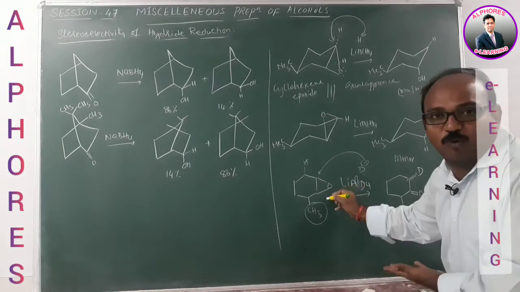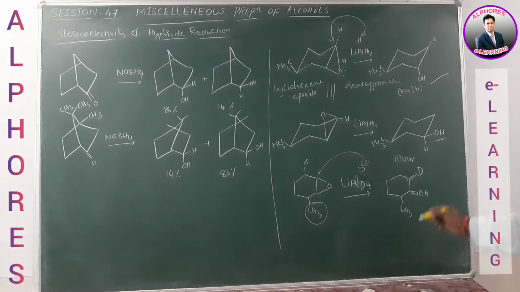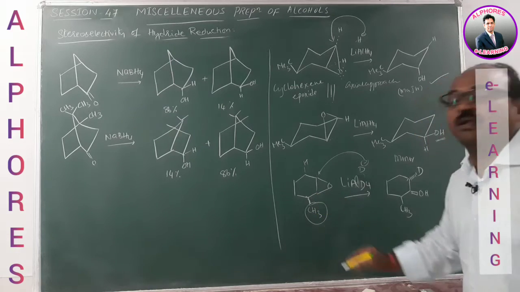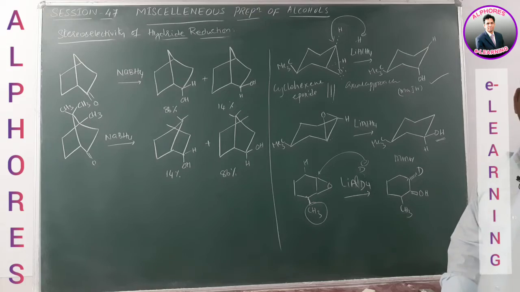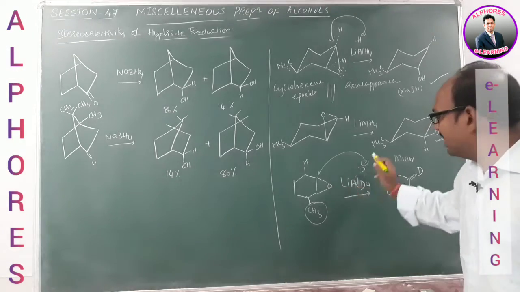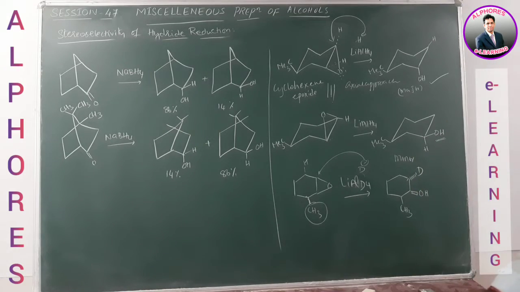Resultant, the newly formed OH and D, you are getting anti, that means trans position. Irrespective of this methyl group, whether it is a wedge line or dashed line, that is not the criterion here. Whatever the line may be, it causes hindrance.